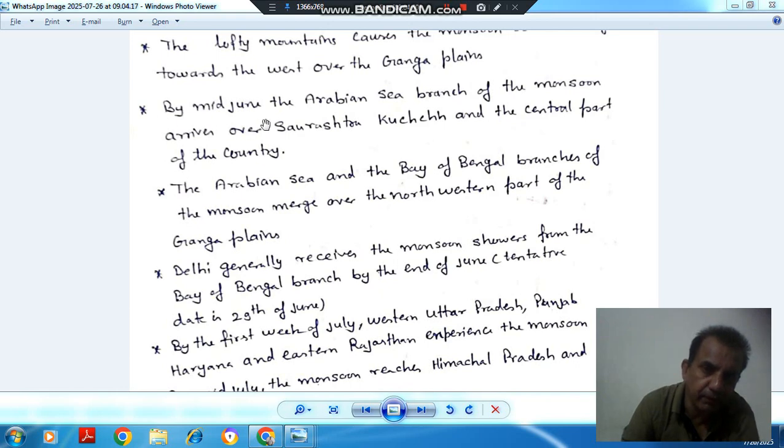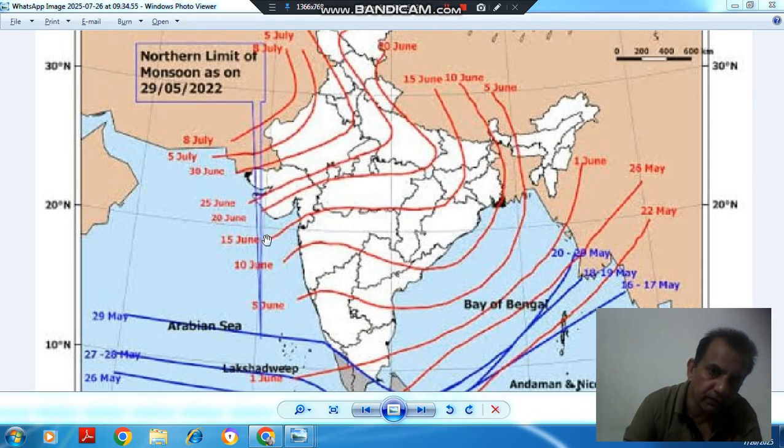Next is by mid-June, the Arabian Sea branch of the monsoon arrives over Saurashtra, Kutch and the central part of the country. So this is your 15th June scenario. This is Saurashtra and this is the central part of the country, and the Arabian Sea branch is here.